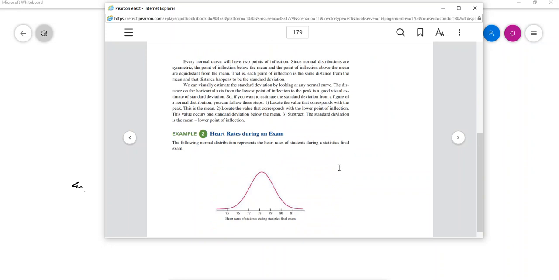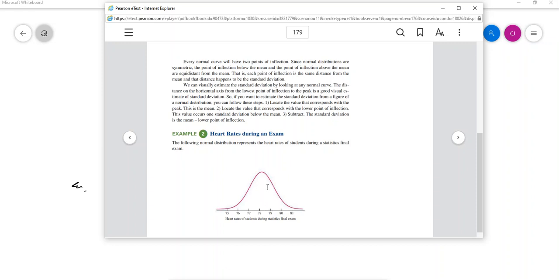Right. Now here's another distribution. It says the following normal distribution represents heart rates of students during a statistics final exam. So heart rate of students along here, well, it looks like 78 is right in the middle. There's our mean. And the standard deviation is pretty small because we go out 1 each direction, from 78 go up 1.